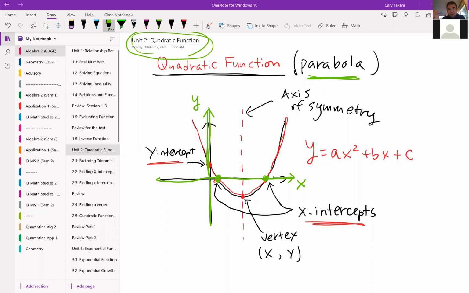Okay, I'm looking for the location where the parabola hits the x-axis. Those are called x-intercepts. Okay? And then when it hits the y-axis, it's called the y-intercept. Okay.